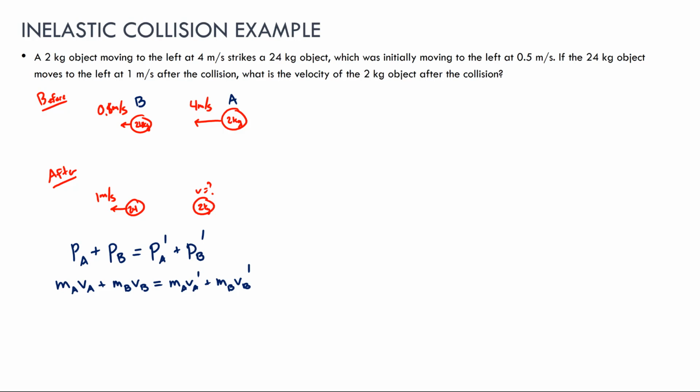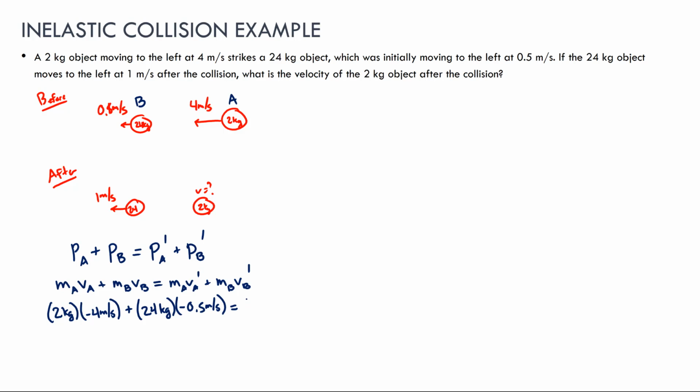This means that both objects initially are moving to the left, so they both have a negative initial velocity. If I plug in the values, object A has a mass of 2 kilograms, initial velocity of -4 meters per second. Object B has a mass of 24 kilograms and an initial velocity of -0.5 meters per second.